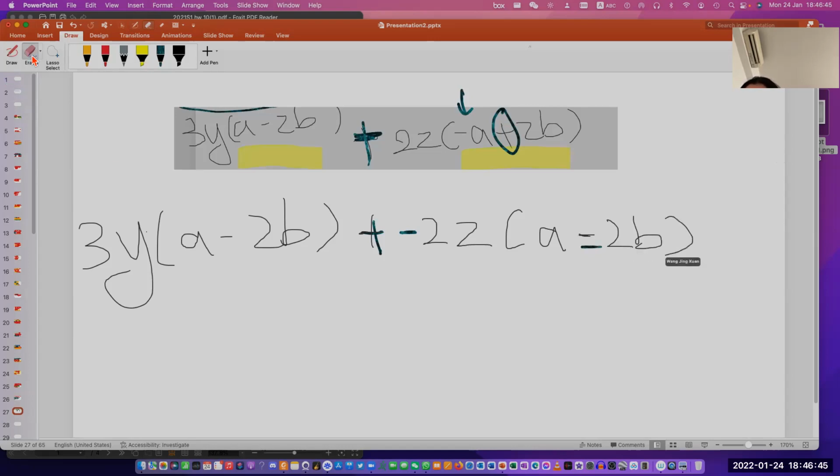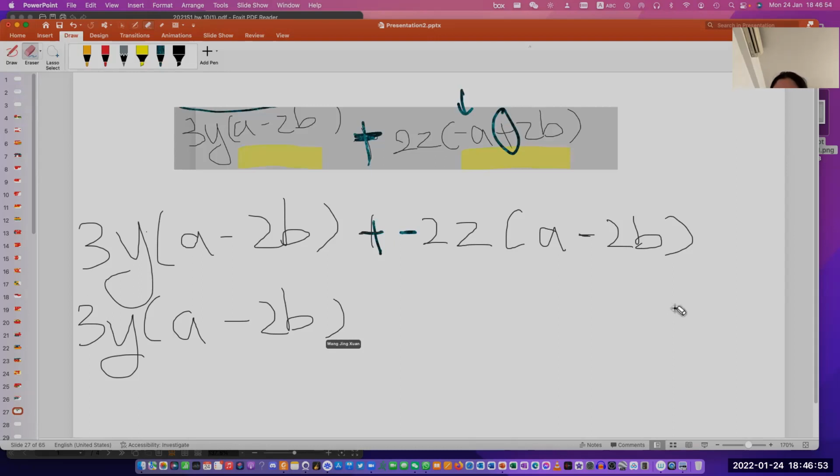Then continue. So can you see that you have common? So change the plus minus to, hold on, plus minus you get plus or minus? Plus minus you get minus.